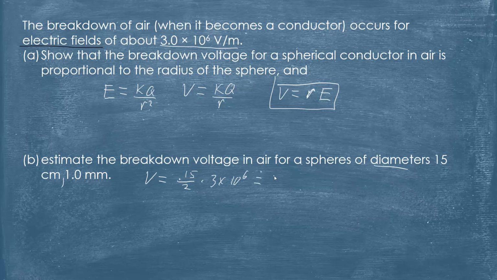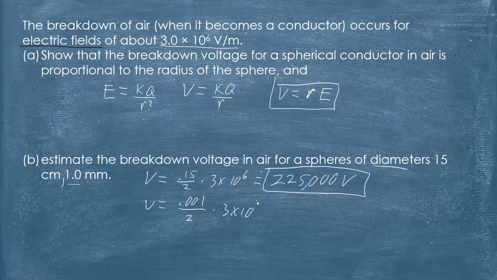And this works out to be a big fat 225,000 volts. And then if we have a very small sphere, like a needle point or something, we're going to have 0.001, which is a millimeter, divided by 2 to make it a radius, also times 3 million. That's going to work out to be 1500 volts.